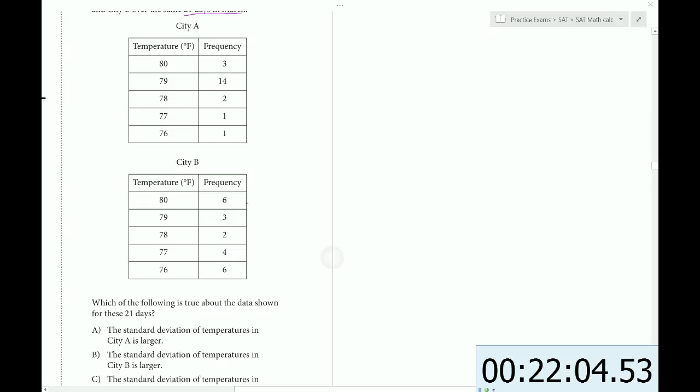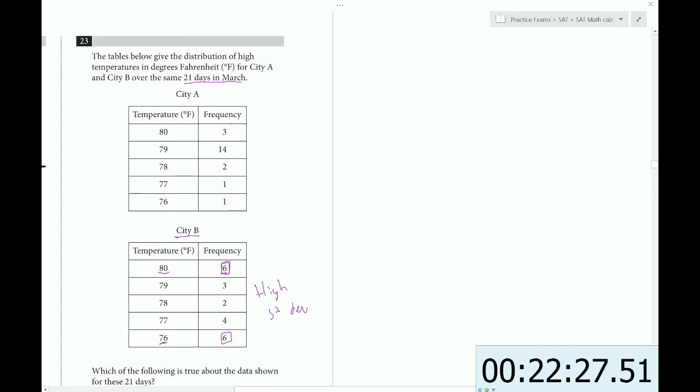Okay, so if you notice, in city B, right, there are 6 individuals that all have 80. And then there are 6 individual days here that have a temperature of 76. So a lot of our data is on the extremes. Okay, so for this, we would say this has a high standard deviation.